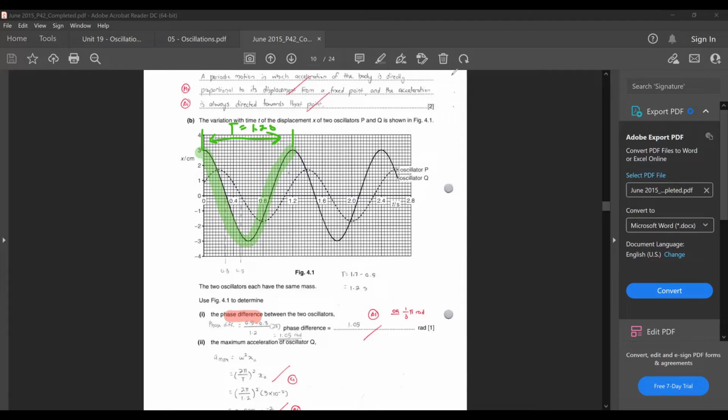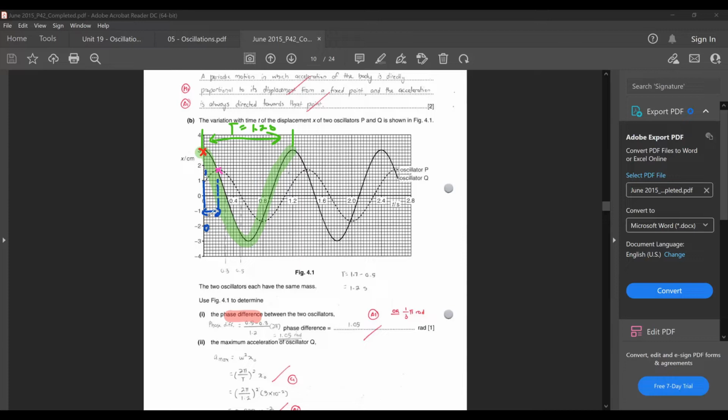Then you just need to find two similar points. An easy point to pick would be the crest position, or the amplitude position. If I pick the crest for oscillator Q, I should also pick the corresponding crest for oscillator P, and find the difference between them.